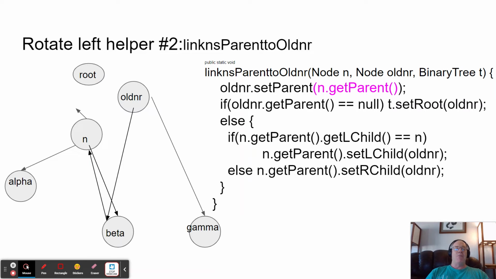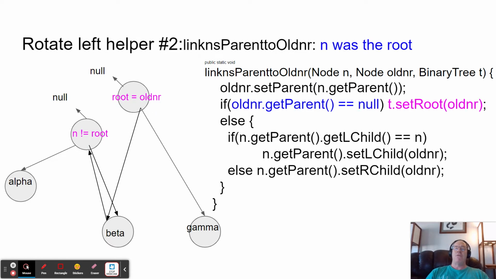The first thing we do is find out what the parent of n is, and we set old nr's parent to be whatever n's parent was. But if that was null, then we need to set the root to be old nr.